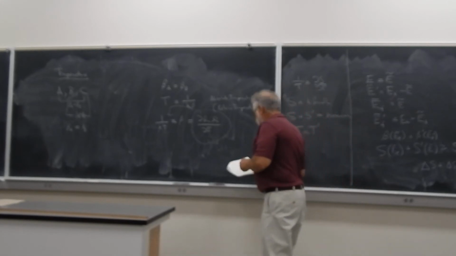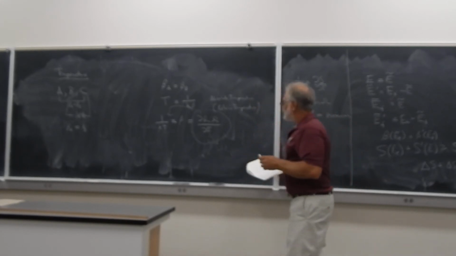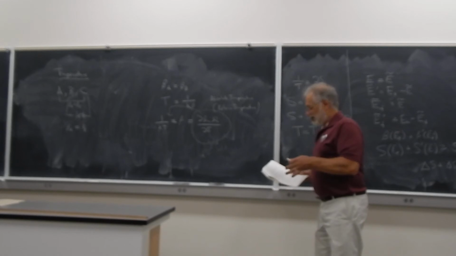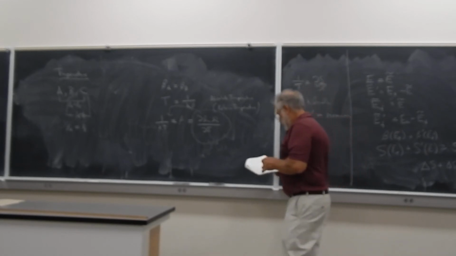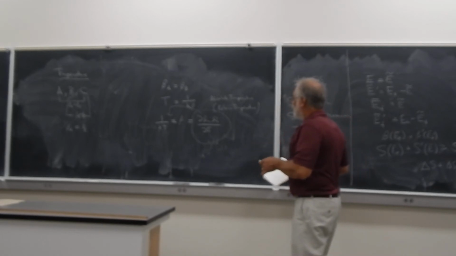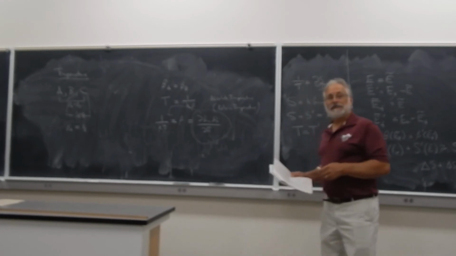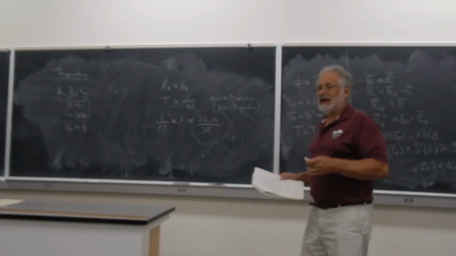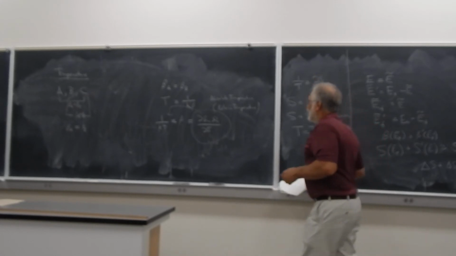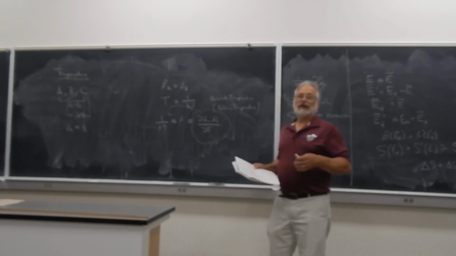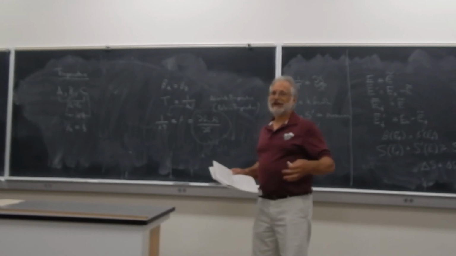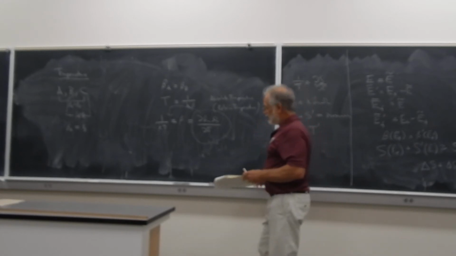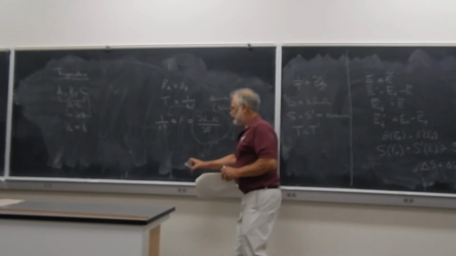On the other hand, omega is generally a rapidly increasing function of energy, which tells us that beta should always be greater than 0, and thus T should always be greater than 0 as well. We will show you an exception to that later on, and it's a fascinating exception, but we won't talk about that just yet.